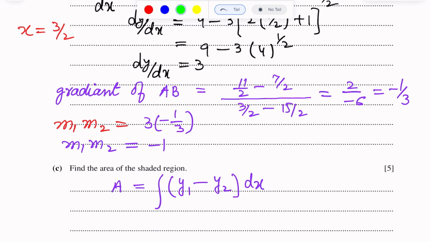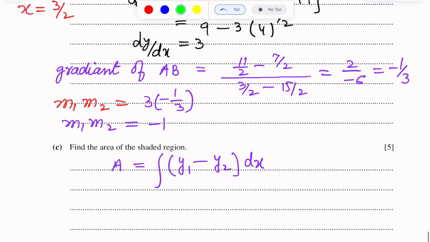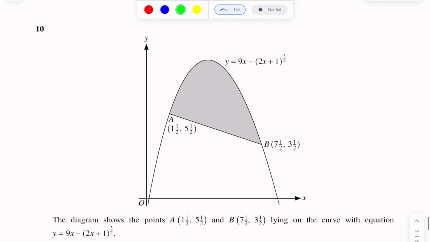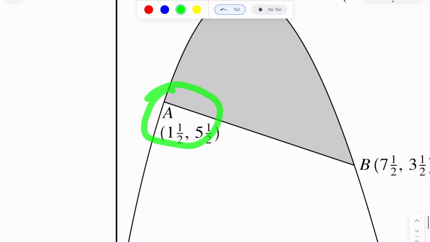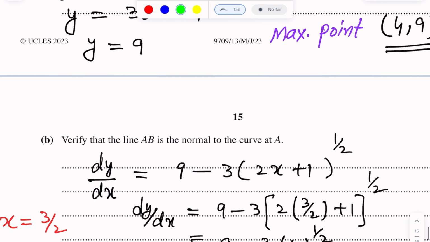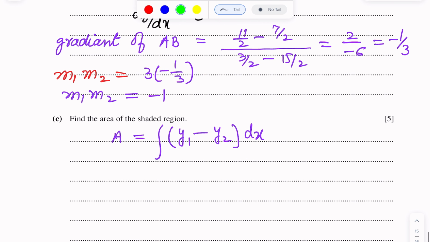This is the gradient of line AB. Now we are taking this point A, from which the line AB passes. We can take any point, but we are taking point A and the gradient is negative 1 over 3.